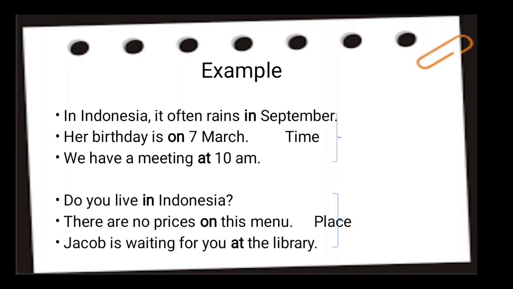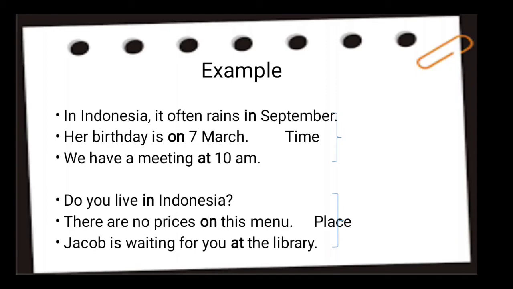Okay, and don't forget that the prepositions in, on, and at describe from general to specific. In for general, on for more specific or smaller than in, and at is the most specific.